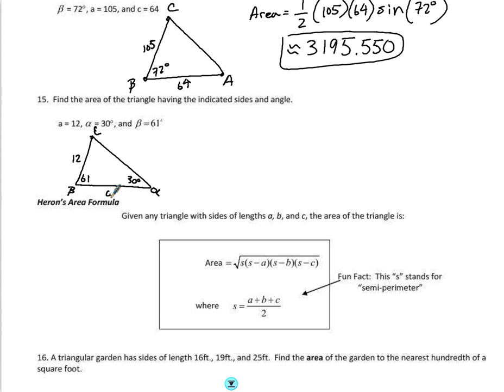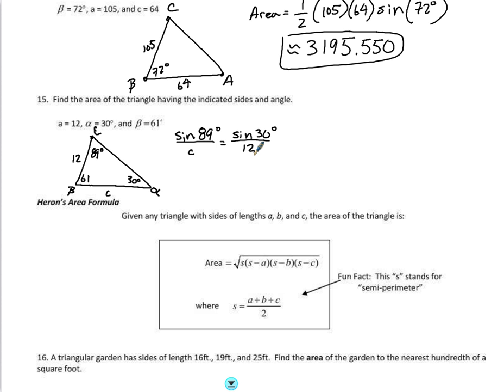So I want to pick two sides that are going to be around a certain angle. Angle C is 61 plus 30 subtracted from 180. It's going to give me 89. Cross multiply and divide.